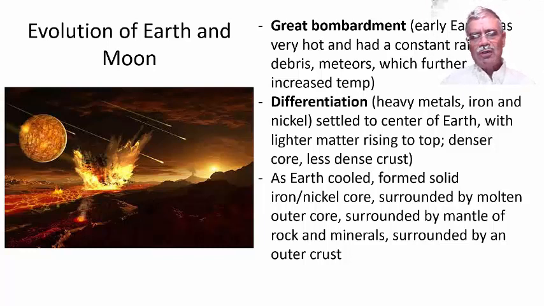The next phase after the so-called Great Bombardment, which lasted maybe the first several hundred million years, and is sometimes called the Hadean period in terms of geological ages, is what is called differentiation, in which the heavier, more dense metals, iron and nickel in particular, which the Earth has a relatively high amount of, were pulled towards the center of the Earth, whereas the lighter minerals sort of floated towards the top.